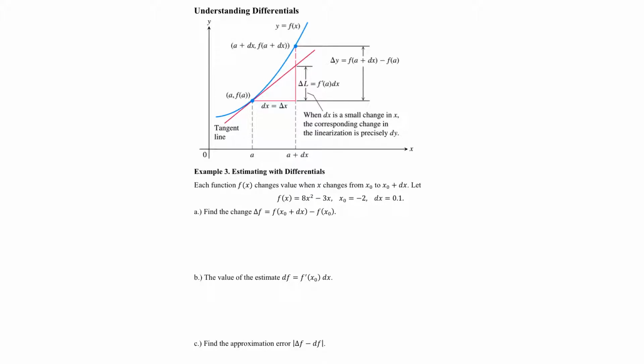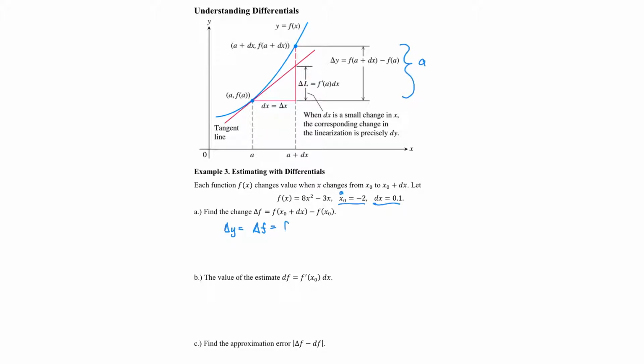We're given x naught equals negative 2, so this is our a, and we're given our differential 0.1. To find the change in f, remember the change in f is just the change in the function, so the change in the y values. If we're looking above, we're really just computing this value right here.